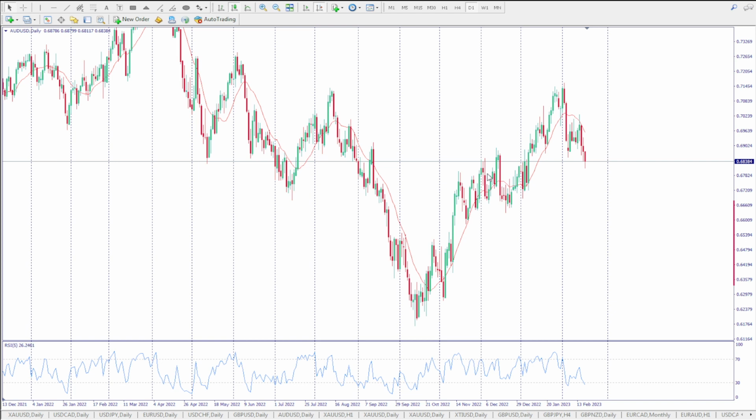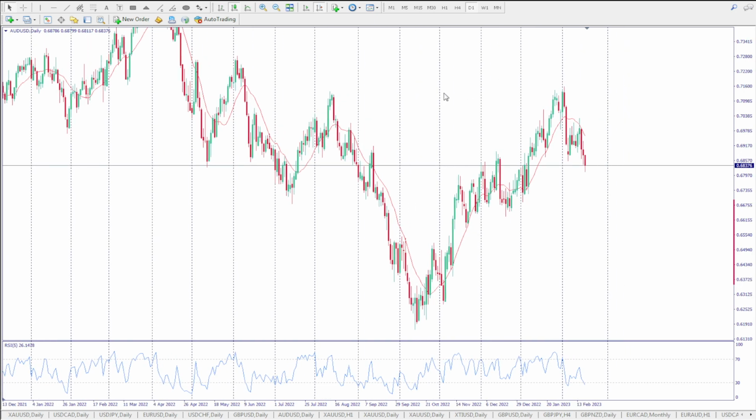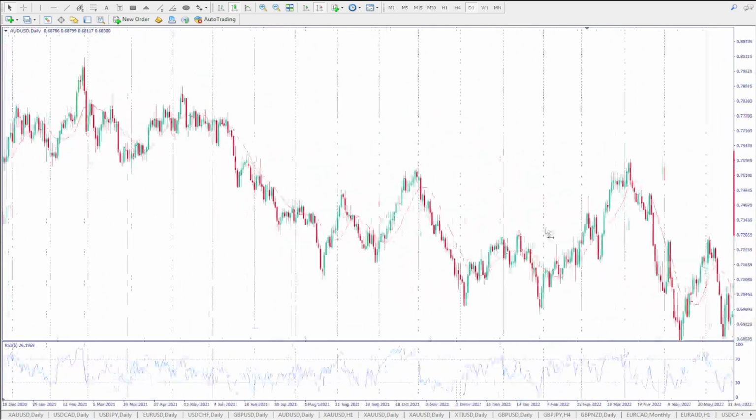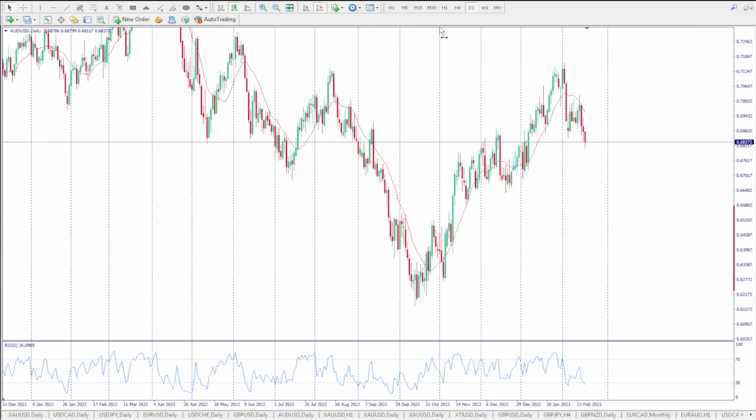It has given me a lot of good results compared with the traditional way of doing it. So, first thing first, when I draw support and resistance levels, I can obviously also predict the future support and resistance levels.